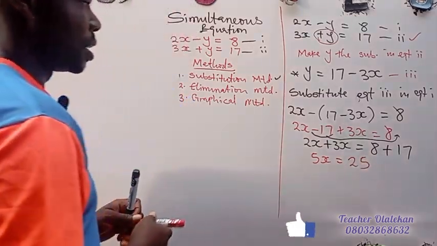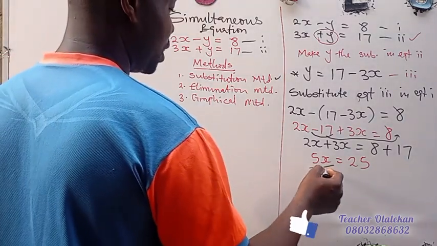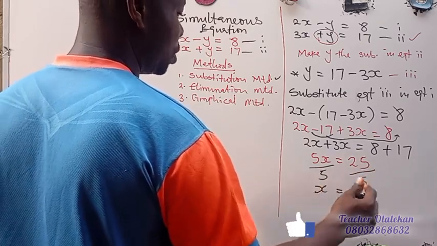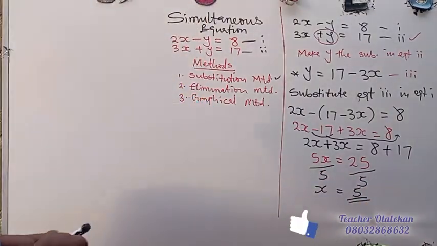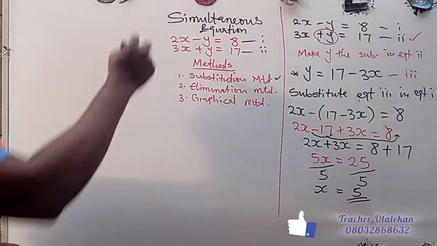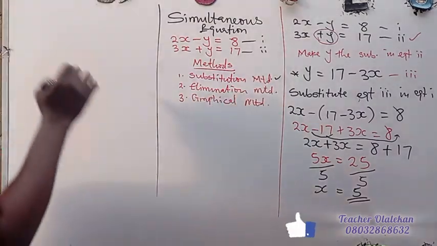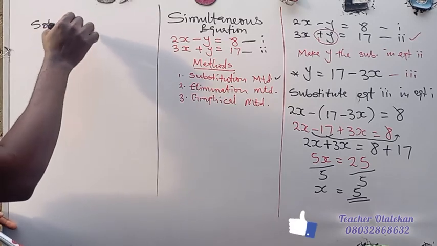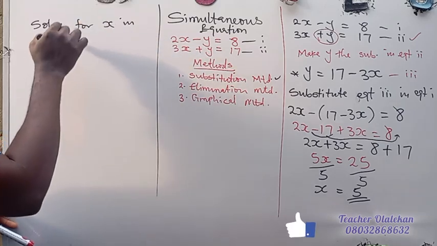At this stage we divide both sides by the coefficient of x. That's 5 divided by 5, and our x will be equal to 5. Now that we've gotten our x to be 5, we can solve for y in equation 3.